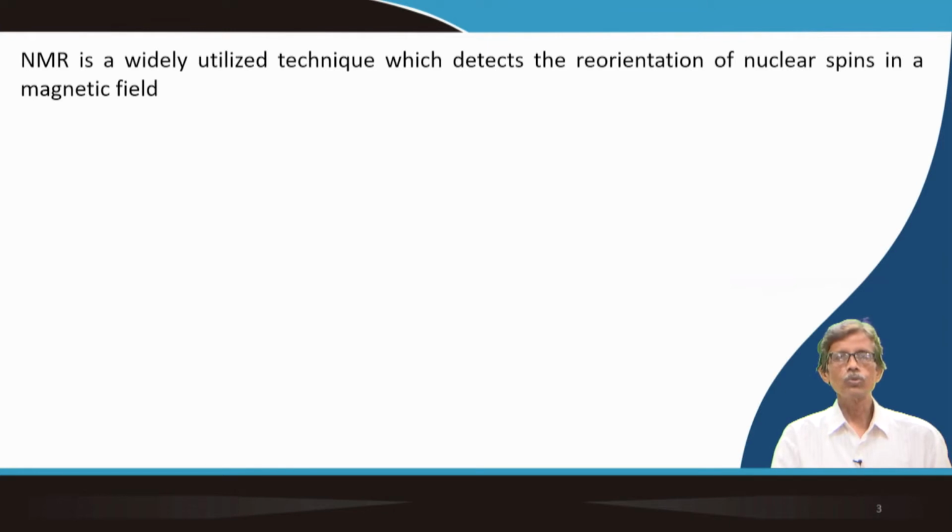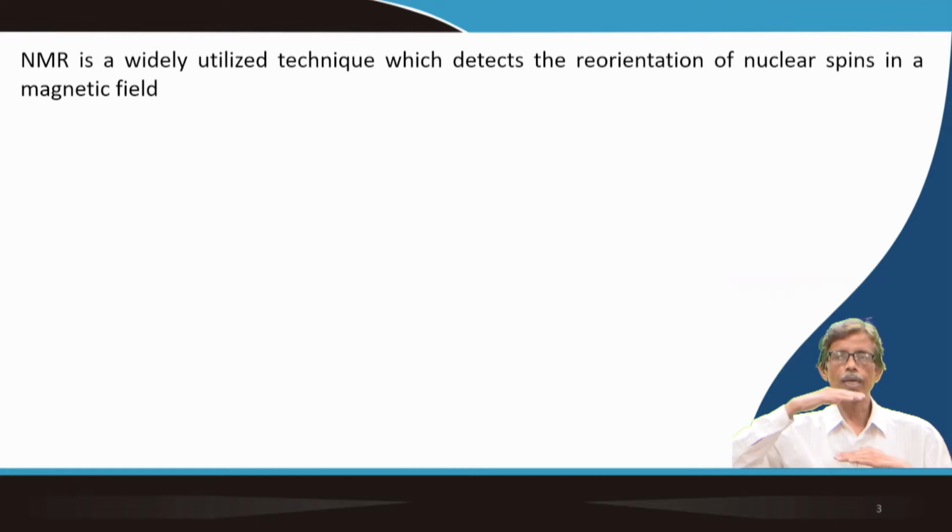This is a very useful technique, and we can use it widely to detect the reorientation of nuclear spin. In EPR, the sample is inserted in a magnetic field, but this is a different magnetic field, and we look for the change in orientation of the nuclear spin.